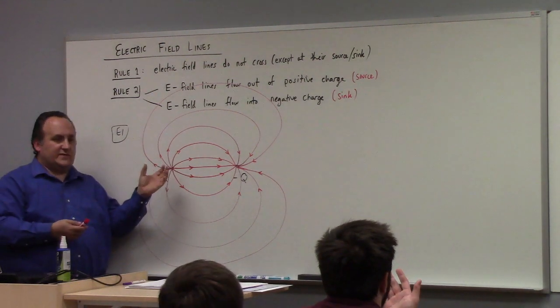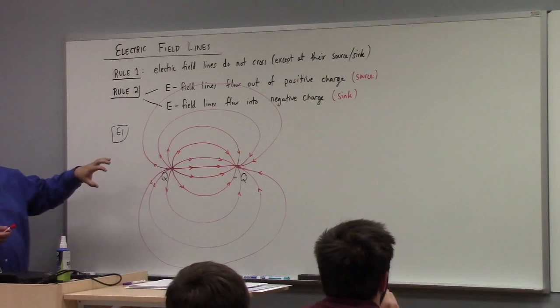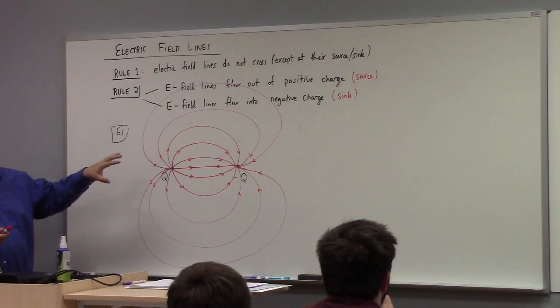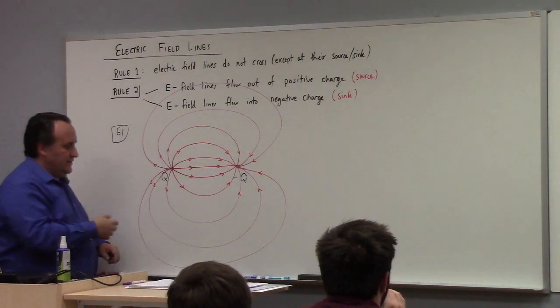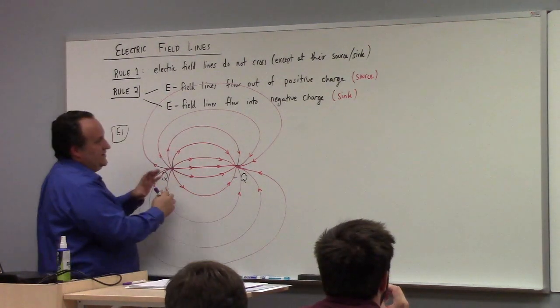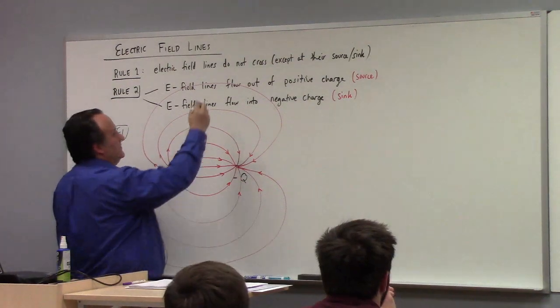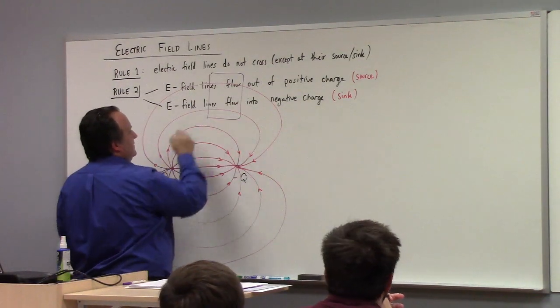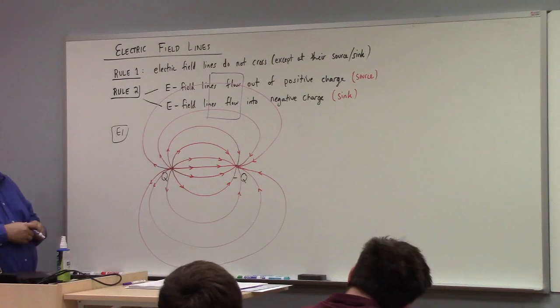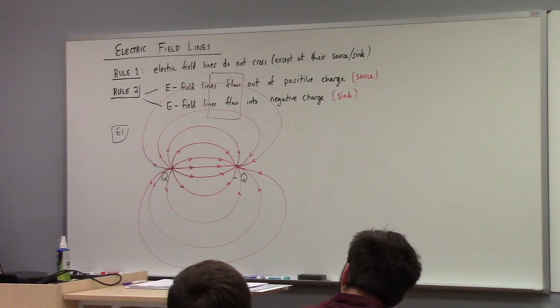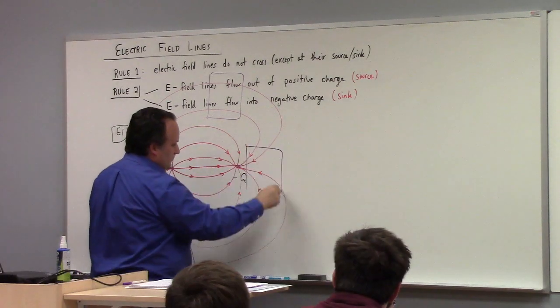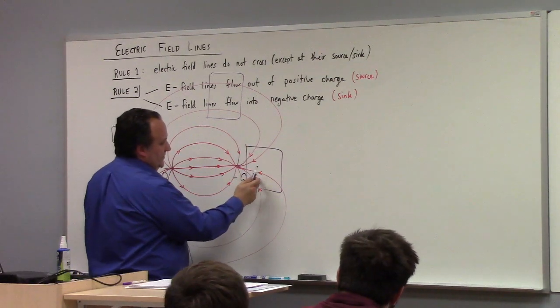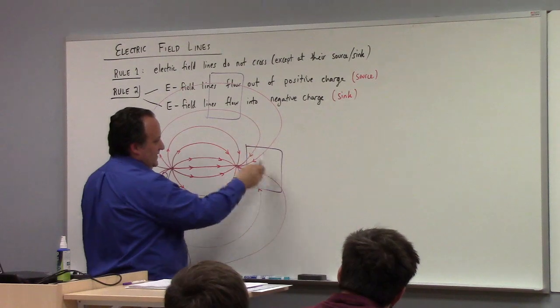The way it works is the more dense the field lines, the higher the magnitude of the electric field. If I take a little region out here, I'm only cutting through 2 field lines, so the magnitude is relatively small there. That same area, if I put it here, I'm cutting through 1, 2, 3, 4 field lines.